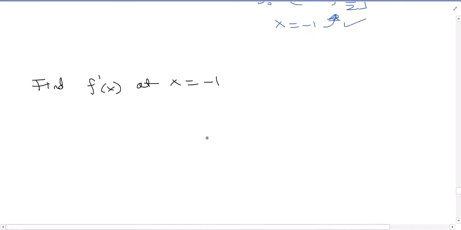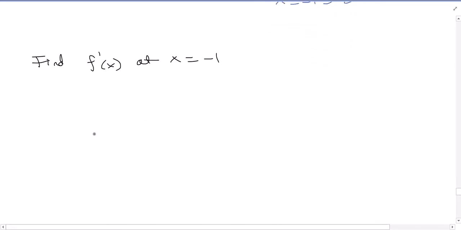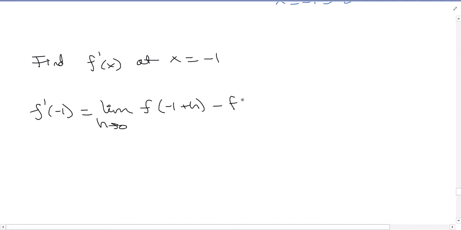And in the last video, we talked about three different formulas for finding the derivative, the instantaneous rate of change. So we have that f prime of, in this case, -1 will be the limit as h goes to 0 of f of -1 plus h minus f of -1 all over h.